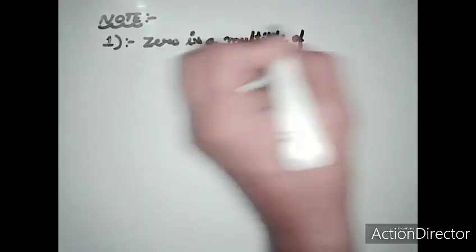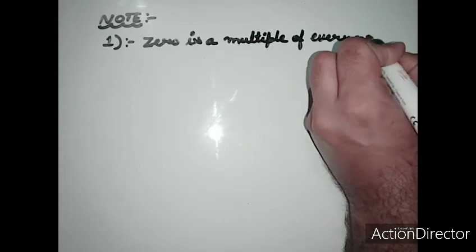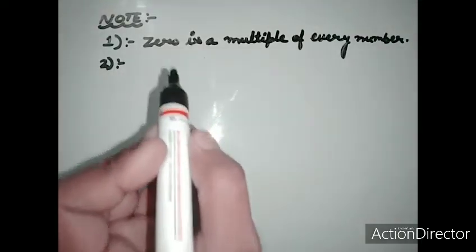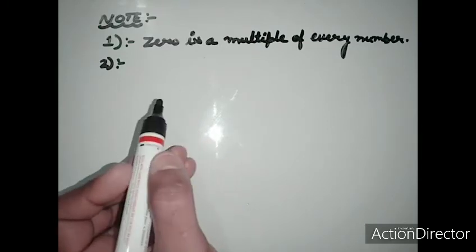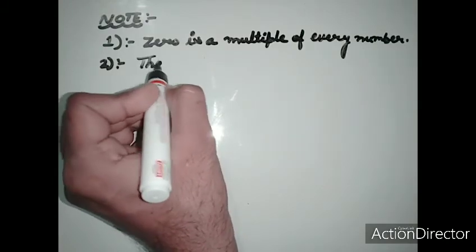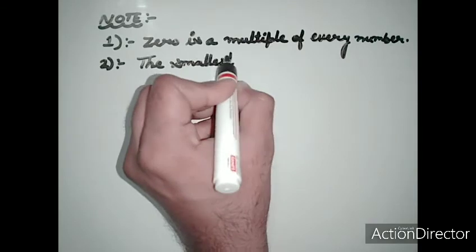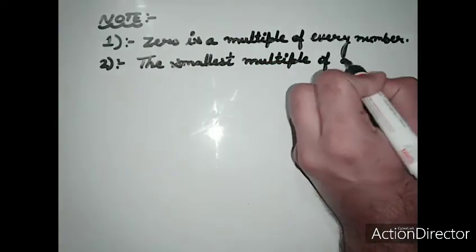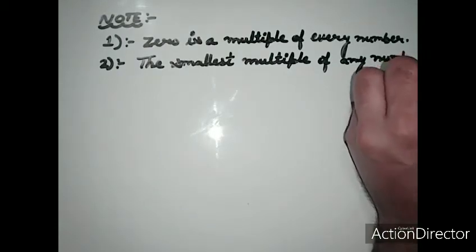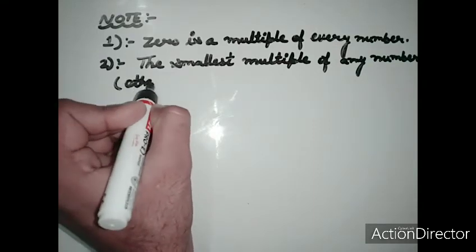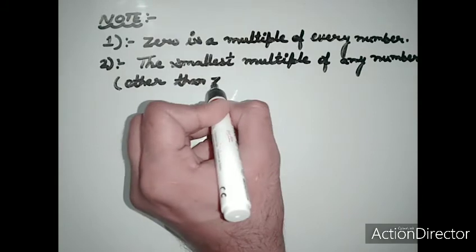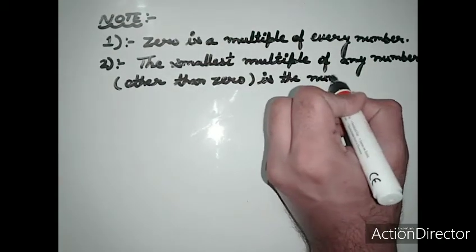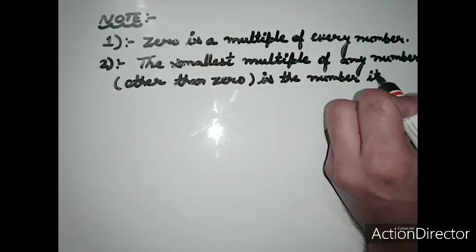The second one is the smallest multiple of any number other than 0 is the number itself.